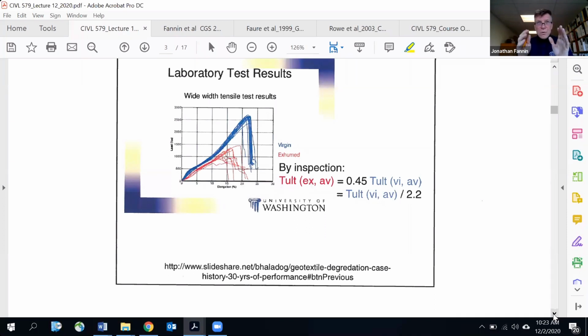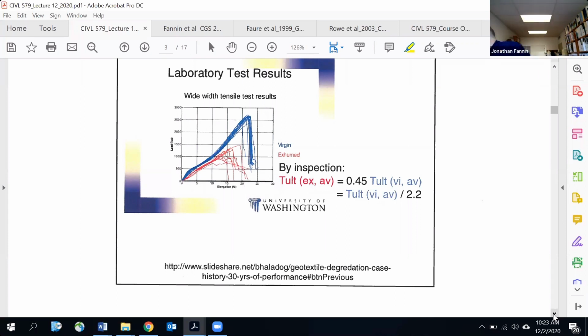And let me just make this point because it's of relevance when we move forward to the three main case studies. You can install it, and then you could exhume at the time of construction specimens and test for construction damage or installation damage, if you see what I mean.